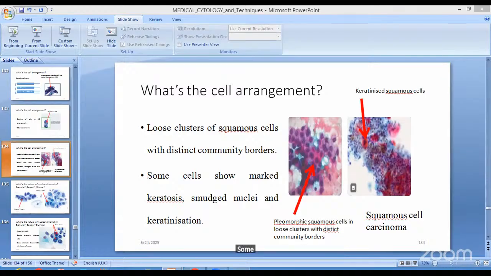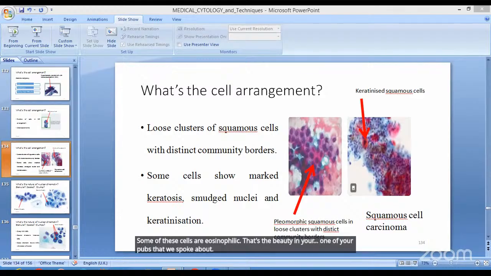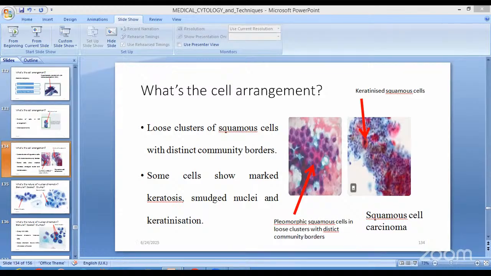Some of the cells are eosinophilic. That's the beauty of one of your Pap stains we spoke about. Orange G6. You can see keratosis, smudgy dense nuclei, and keratinization. The arrow is pointing at what I'm describing. Those are classical features of malignancy.